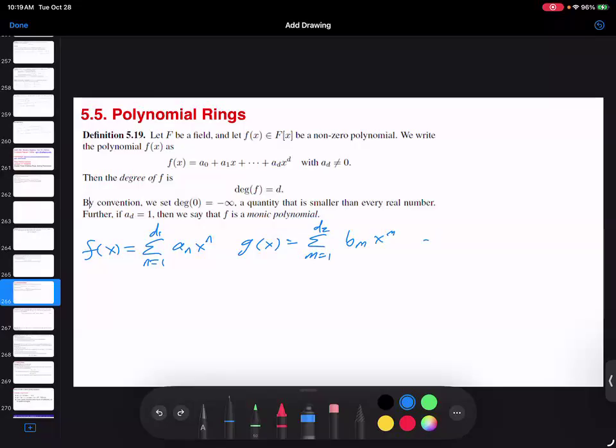What do you think the degree of fg should be? D1 plus D2. Is that always going to be true?